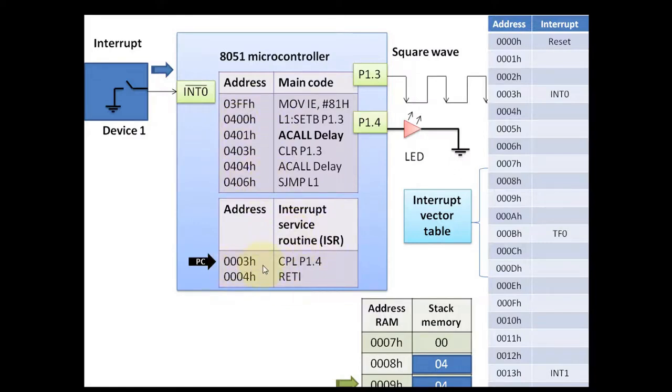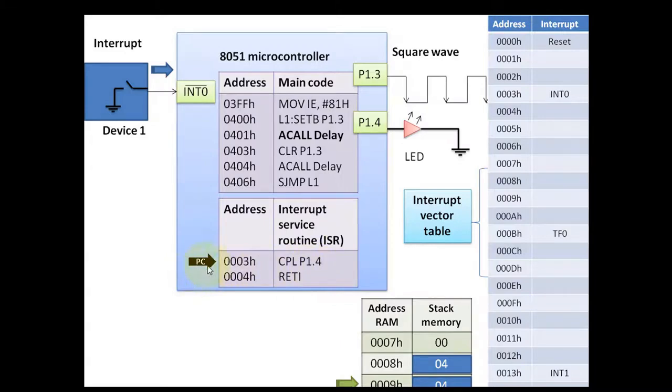And you can see the ISR is present from the address 003H onwards. Because whenever there is the INT 0 interrupt, by default, the program will get transferred to the address 003H location. That's why you have to write the subroutine code from the address 003H onwards.